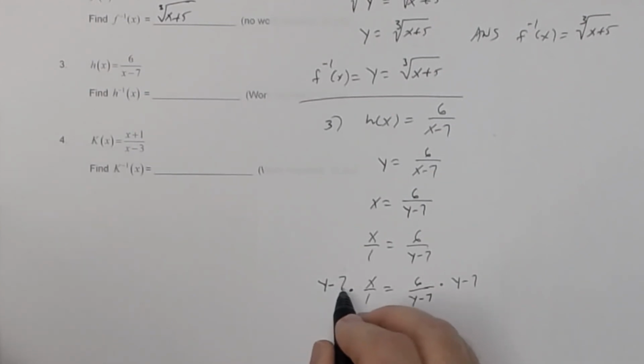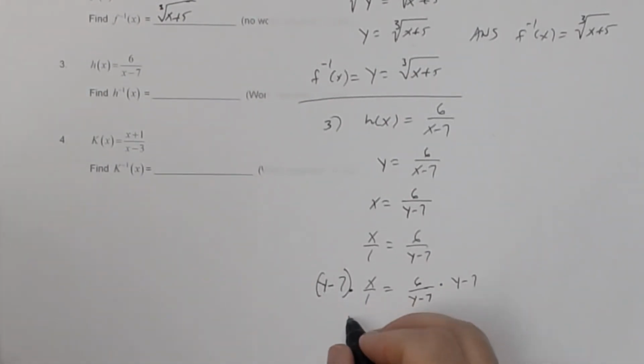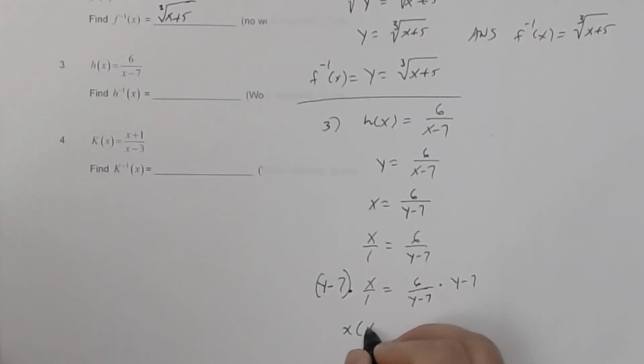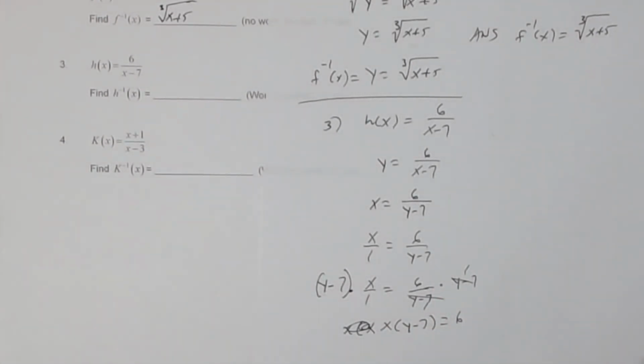This is y minus 7 times x, so x is multiplied by every term here. It's helpful if you put that in parentheses so you don't mess up. So this becomes x times y minus 7 is equal to, and then these y minus 7s divide out, and that's equal to 6.